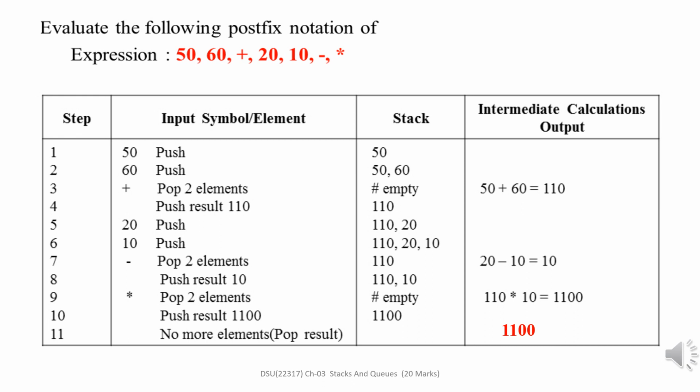Again we will get 2 operands, that is 110 as it is and 10. Now last is a multiplication operator, so pop 2 elements and evaluate that expression, so 110 into 10 equals 1100, 1100 is the final answer for this expression.